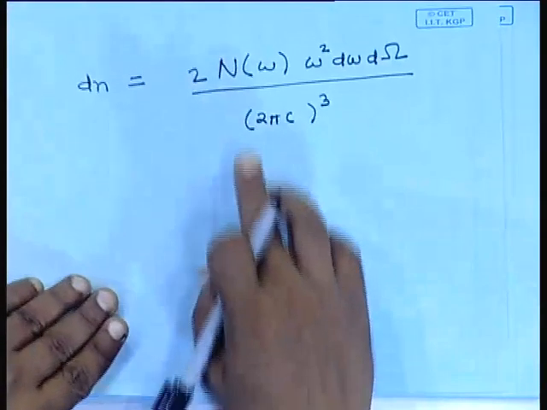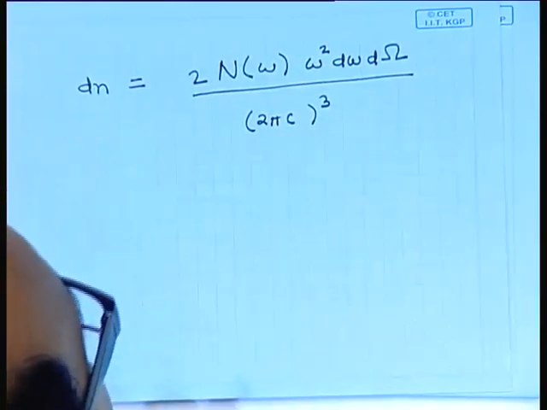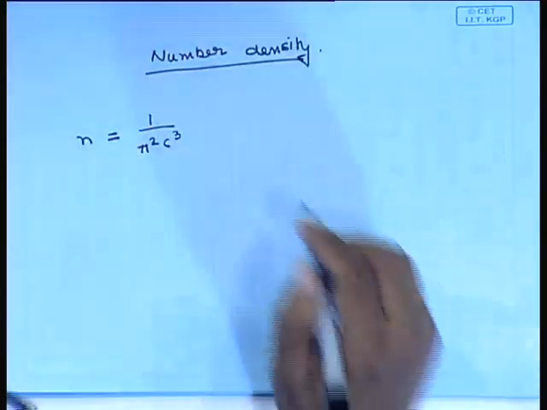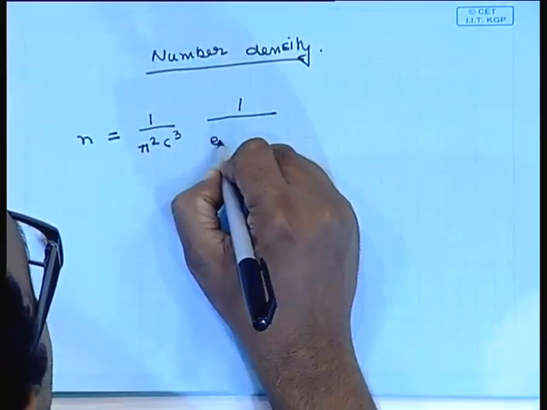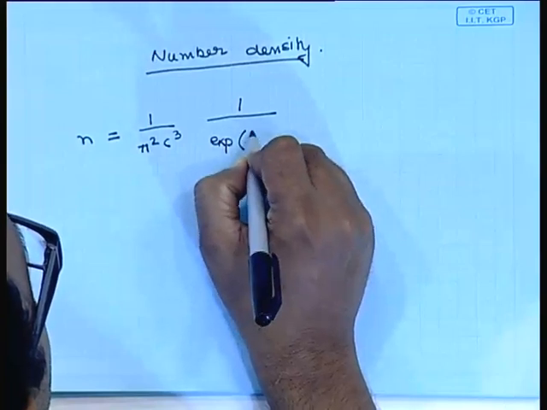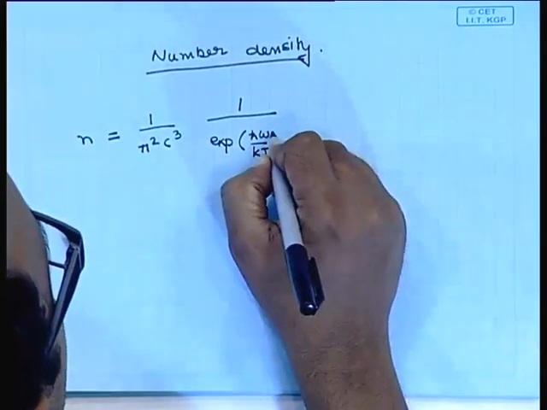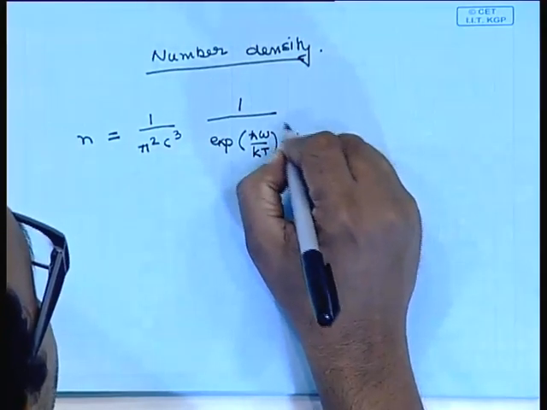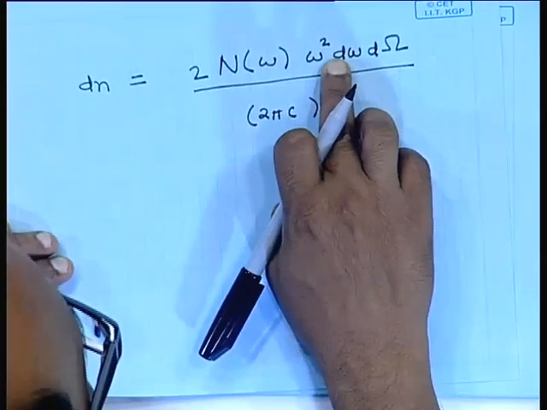Then I have the occupation number which I have to put in. The occupation number we know is 1 over exponential of h cross omega by kB T minus 1, dropping the subscript B for the time being, and I have to integrate over all omega.